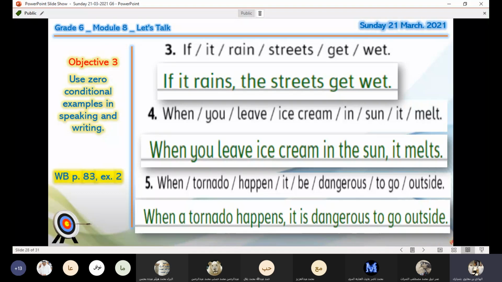So it is present simple. We use present simple in the two parts of the sentence. Very good. I hope that you have an idea today about zero conditional, but don't worry, we'll deal with it in the coming sessions, and things will be clearer in your mind.